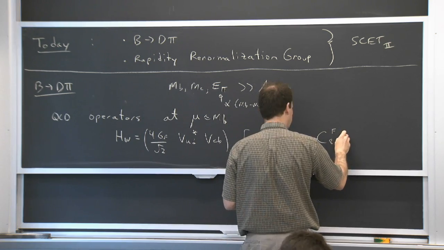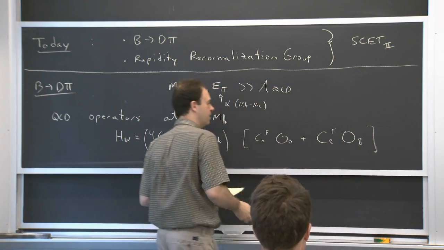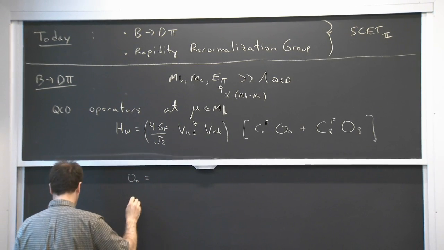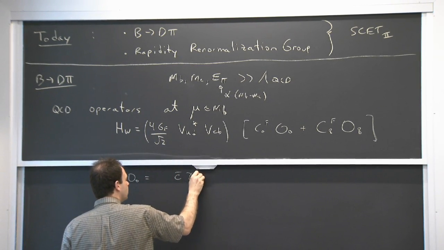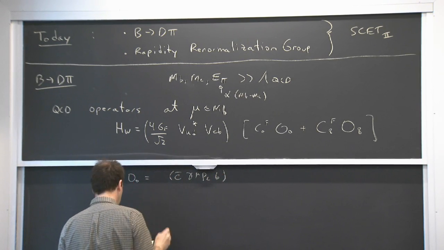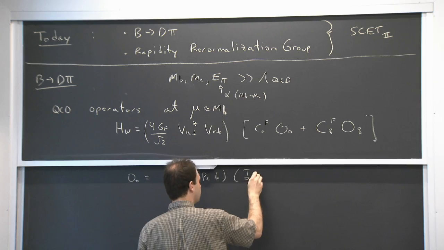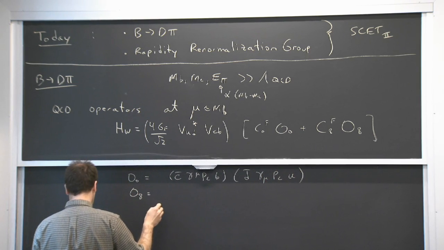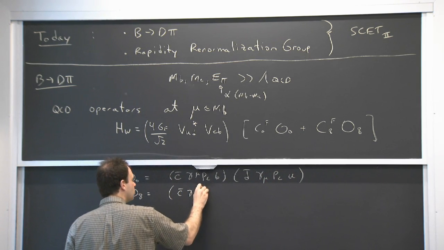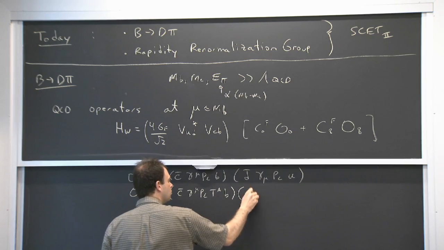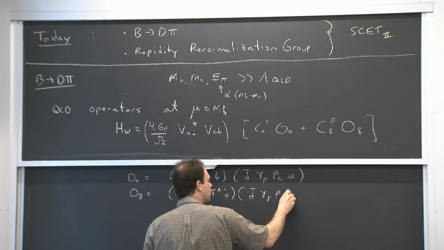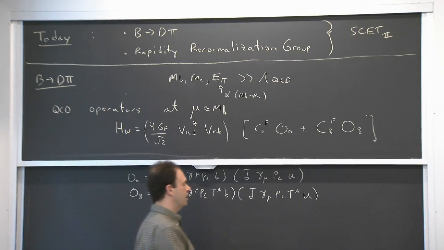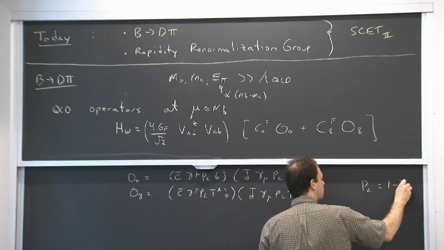And I'll write the operators in the following way, a slightly different basis than we used a long time ago when we were talking about this particular case. So just a different color basis, singlet and octet. OK, so that's our description where P_L is projecting us onto the left-handed components.